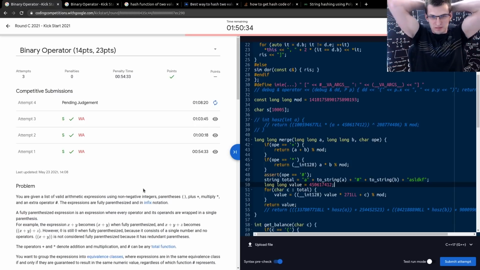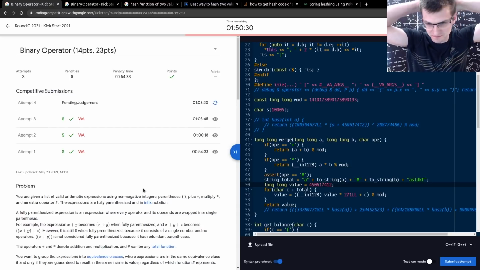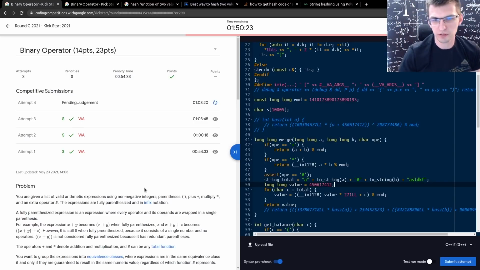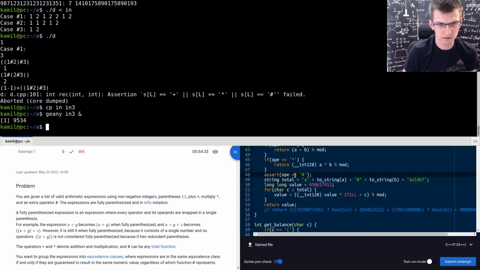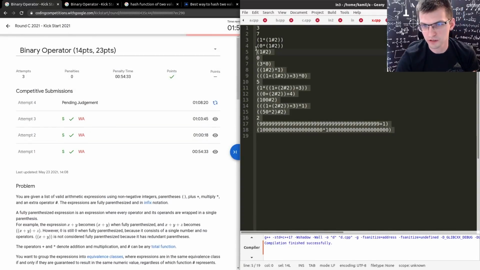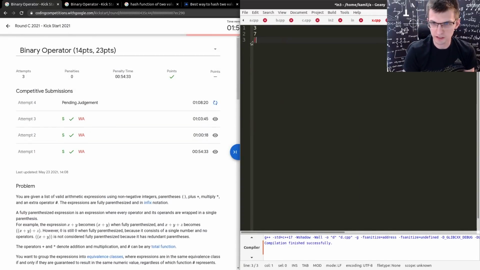Oh, why can't I just come up with a good hashing function? I know what was wrong about the first one. I think I can think of a counter test. What about... I didn't have any interaction between A and B. 1 hash 2 plus 3 hash 4.